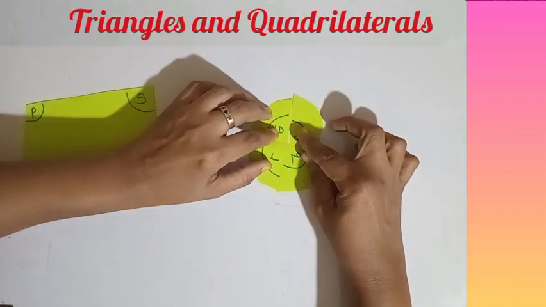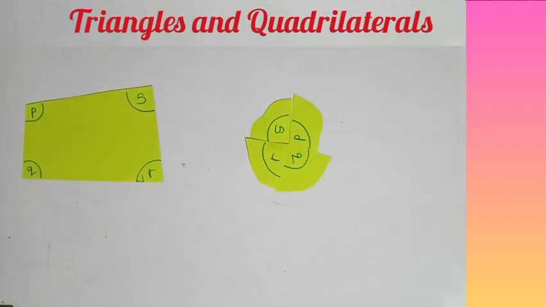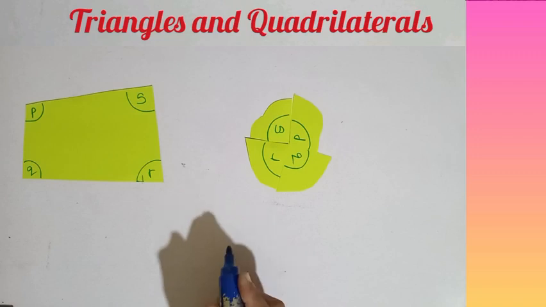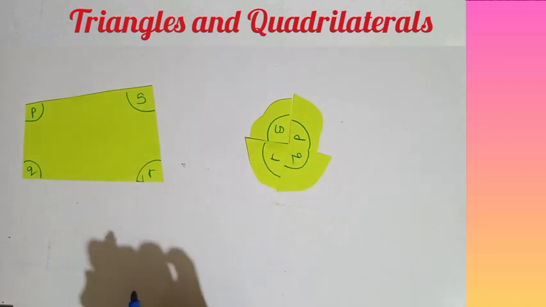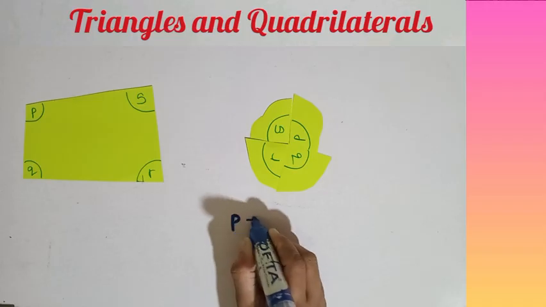Now what does it mean? Earlier we have learned that the sum of the angles around a point is equal to 360 degrees. So we can take the sum of these four interior angles PQRS equal to 360 degrees.